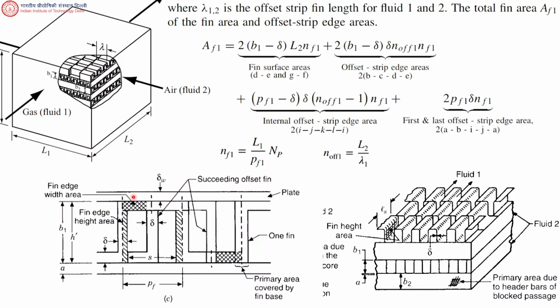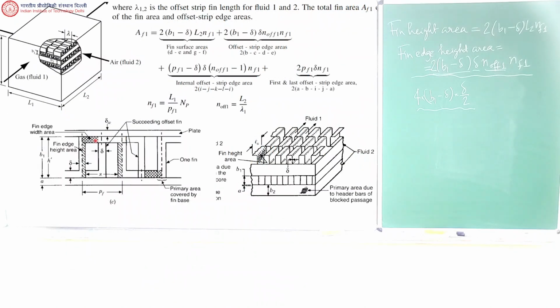You see that red pointer? That's where it is. This one. So what's the area of this? We are calling it the fin edge width area.